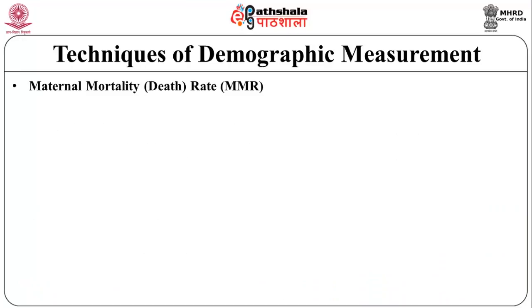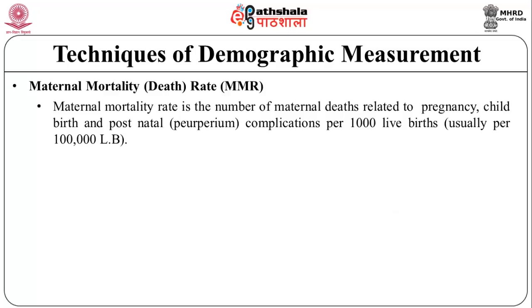Next is maternal mortality rate, MMR. Now, maternal mortality rate is the number of maternal deaths related to pregnancy, childbirth and postnatal complications per 1000 live births. Usually it is per 1 lakh live births.